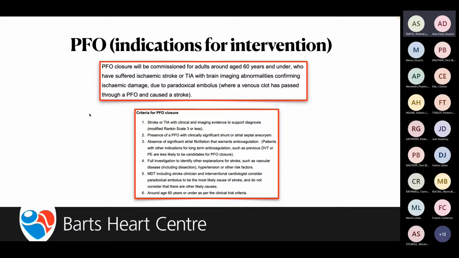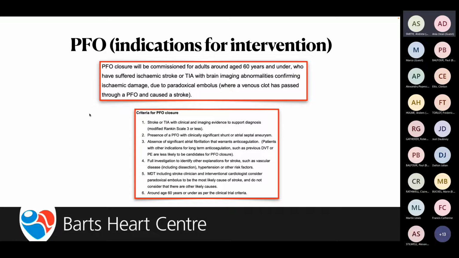There are a few other criteria lower down, but essentially you have to make sure that people don't have atrial fibrillation, which is a higher risk for stroke. There should be no other obvious causes, particularly local vascular causes such as a dissection, which is another major cause of stroke in the younger population, and not lots of cardiovascular risk factors. As you increase your cardiovascular risk factor profile, the likelihood of your PFO being important in stroke reduces significantly.